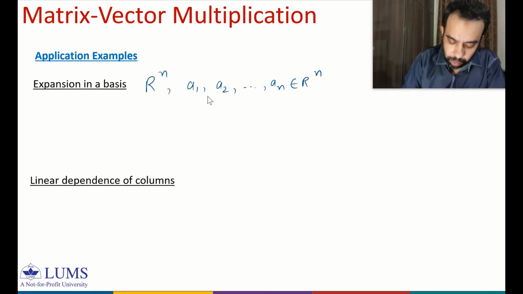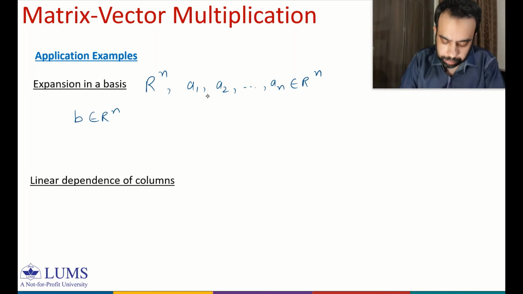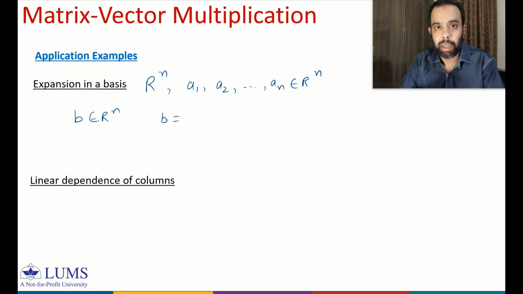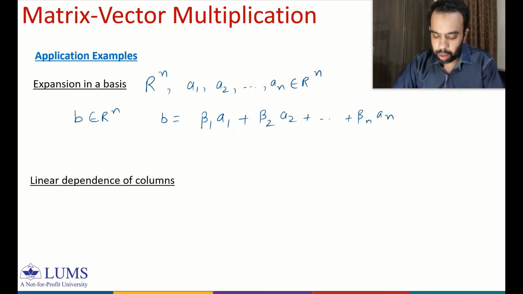So we know that we can represent any vector b that belongs to Rn as a linear combination of these n linearly independent vectors. So we represent b as beta 1 a1 plus beta 2 a2 plus beta n an, where these beta 1, beta 2, beta n quantify the contribution of the bases in b.